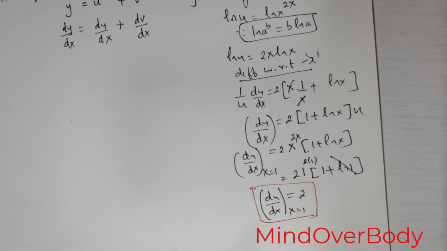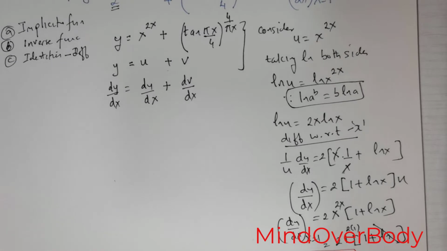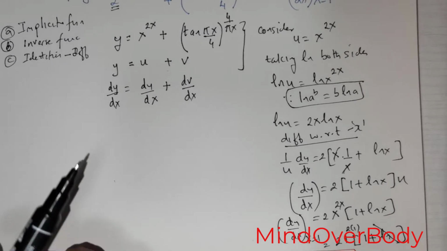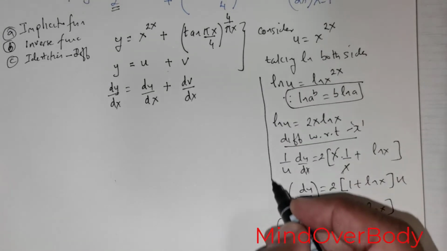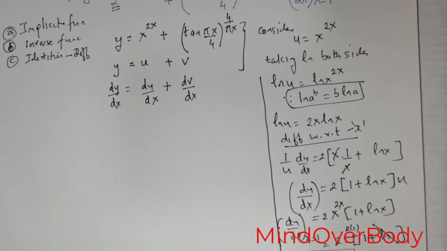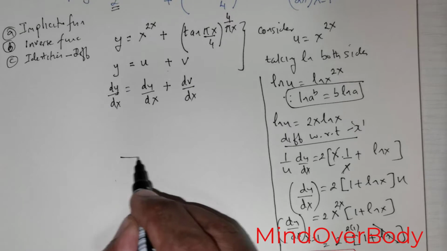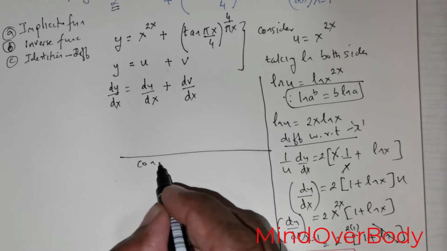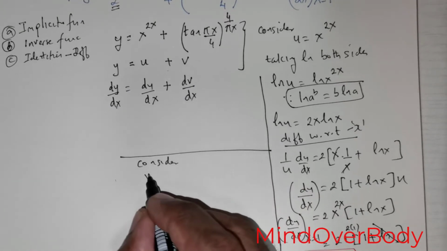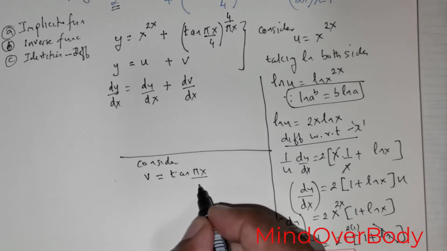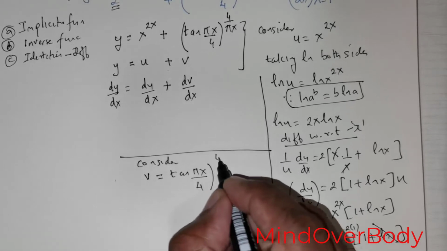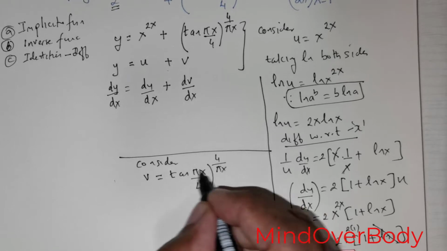So having obtained my u, it is time we also obtain our v. So I will use this base. Consider v being equal to tan(pi x over 4) raised to the power of 4 over pi x.